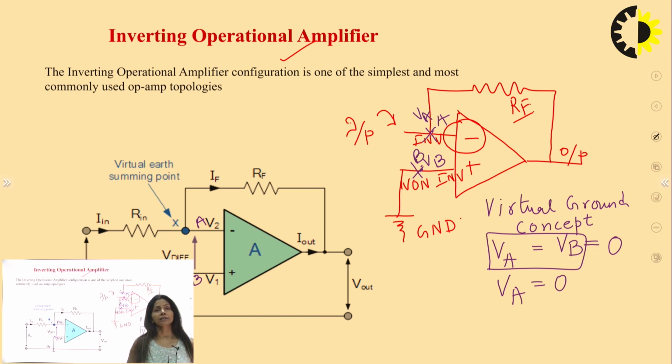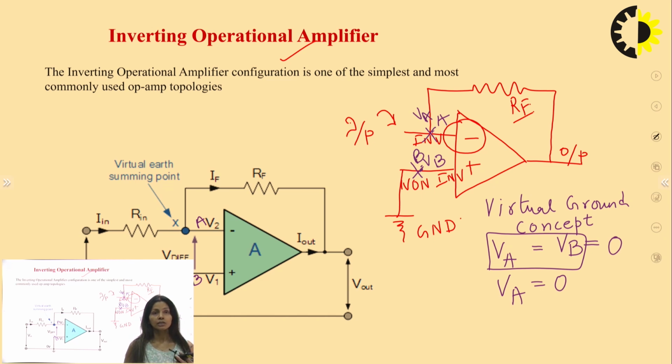Now we have applied input at the inverting terminal and the op-amp is working as an inverter. So whatever input we are giving comes with a minus sign. If it is AC, then it will be inverted by a 180-degree phase, and if it is DC, then there will be a minus sign at the output. So these are the basic concepts which we need to consider. First is the virtual ground concept.